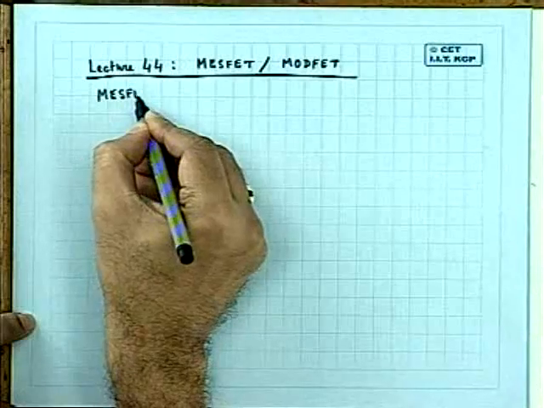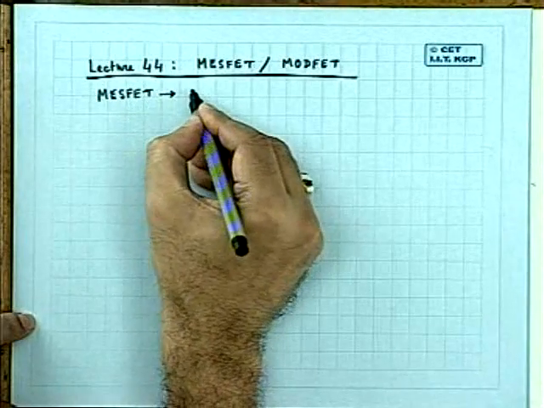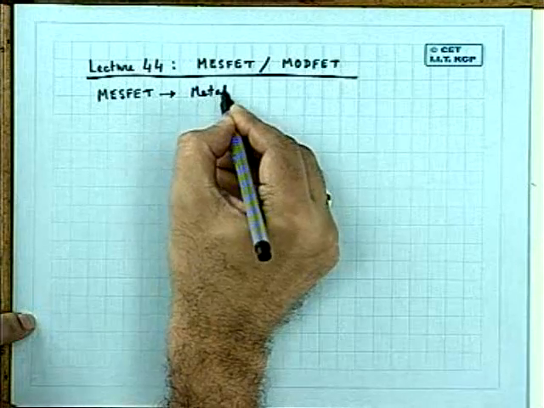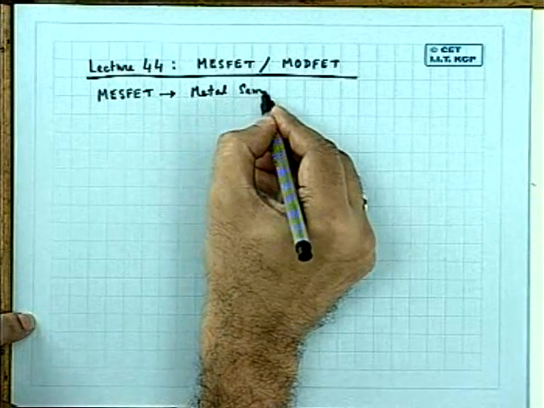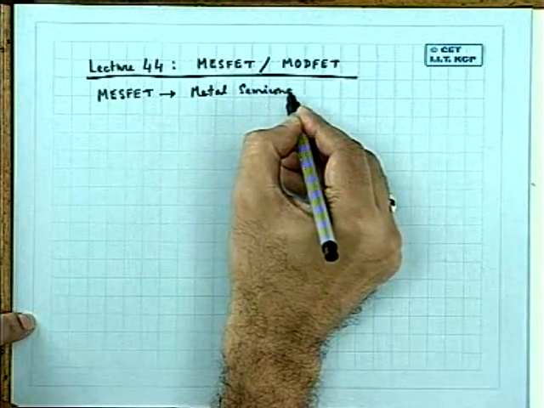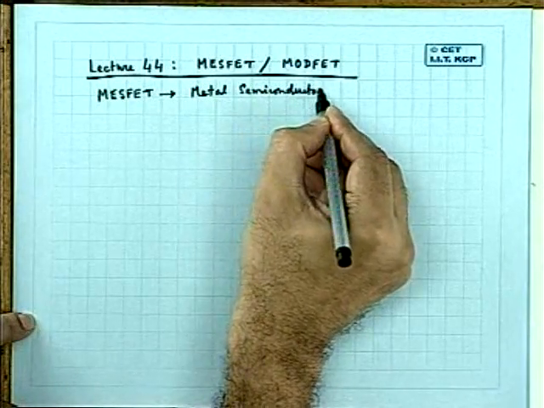Thank you. So we are now switching the topic, and we shall use some of today's lecture for discussing a little bit about MESFETs. Before I go to what is MESFET, MESFET stands for metal semiconductor FET.